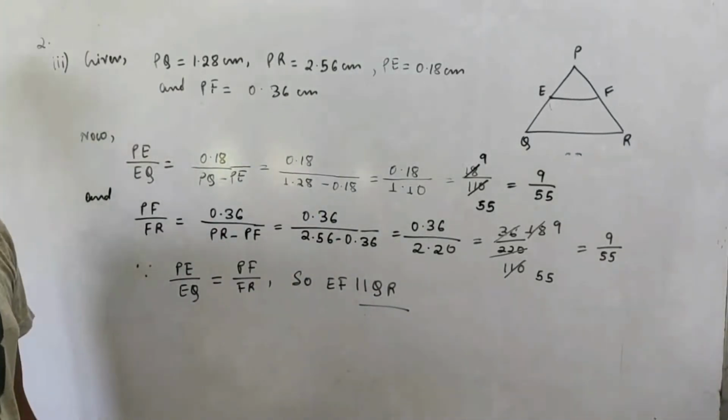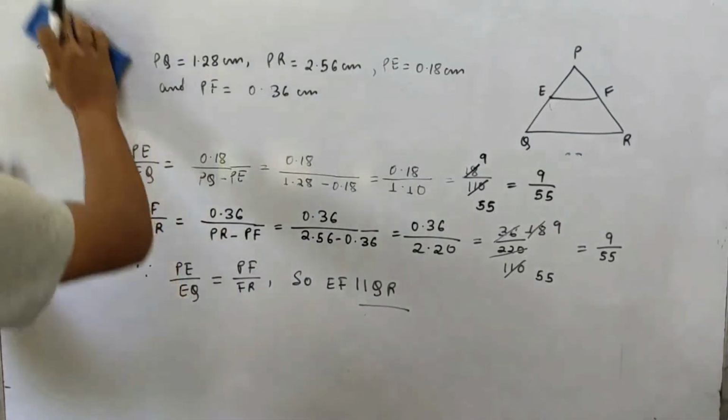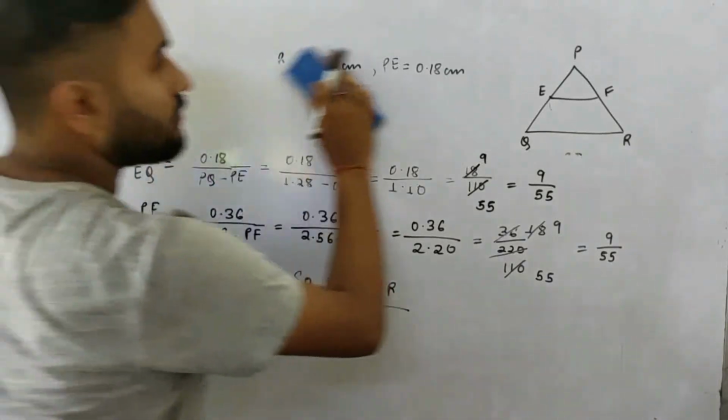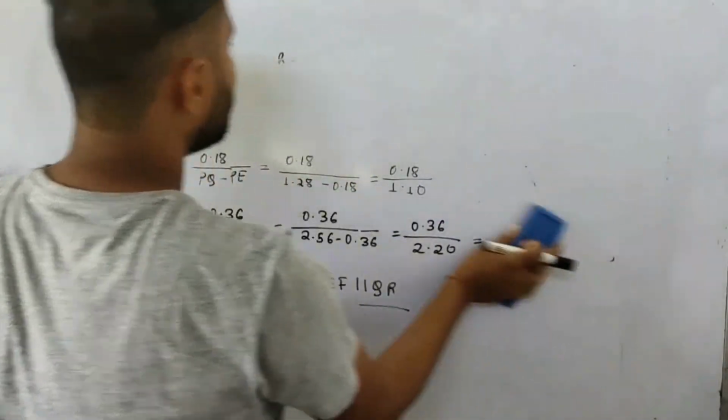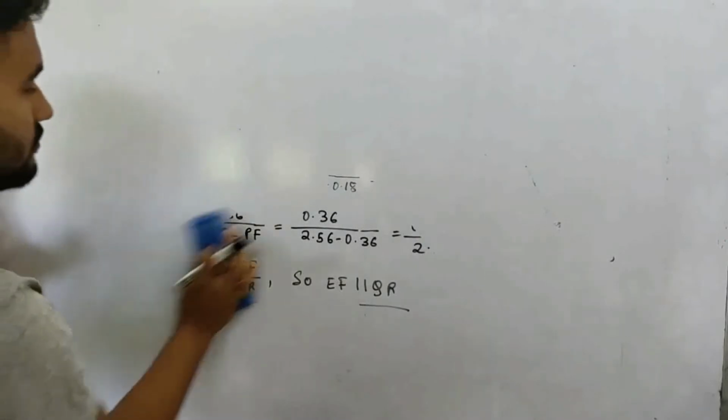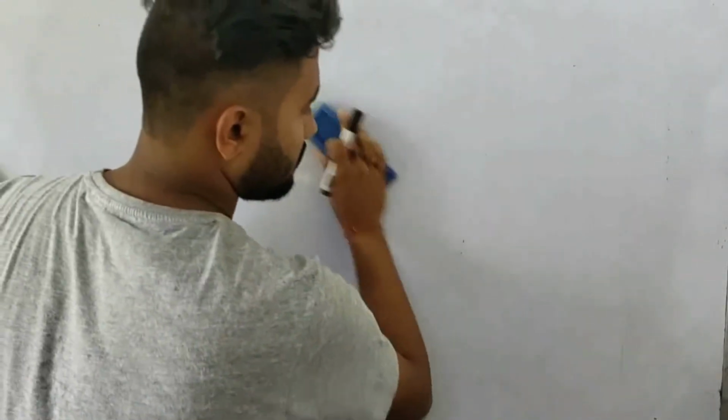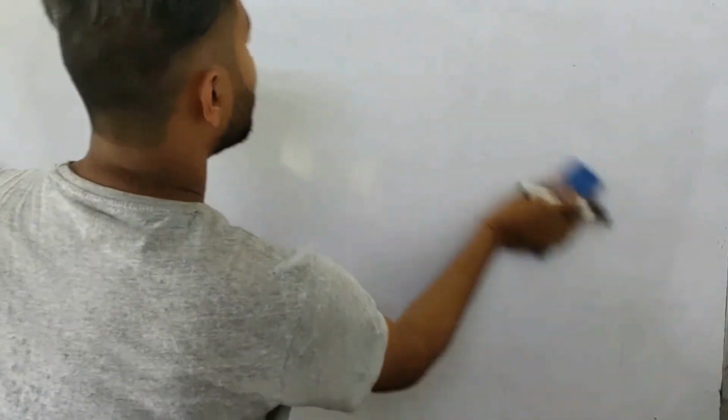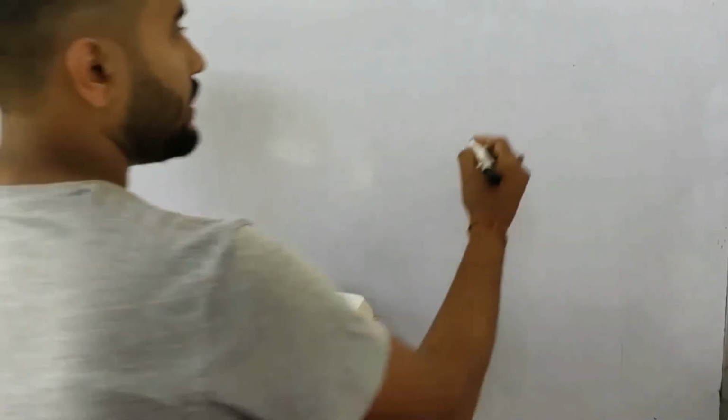Now let us move to question number 3. In figure 6.18. So let me draw the diagram first. What is the diagram? A, B and AD like that.